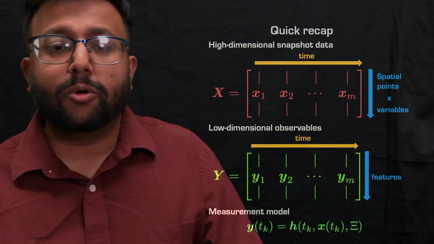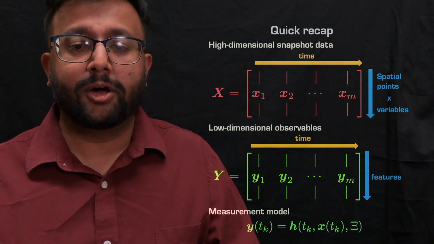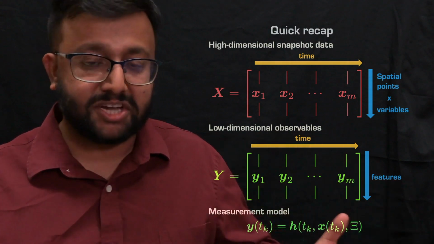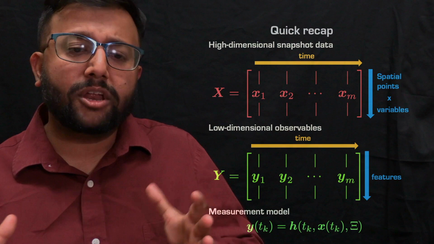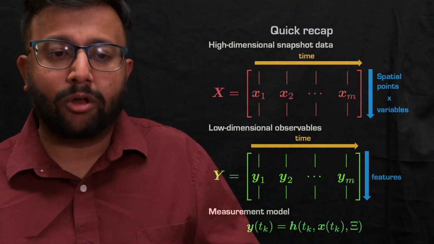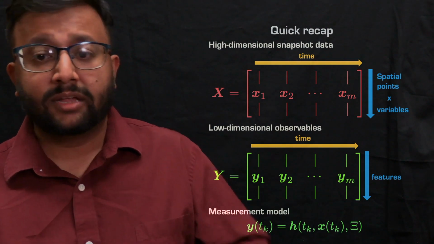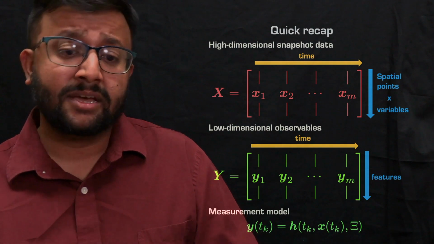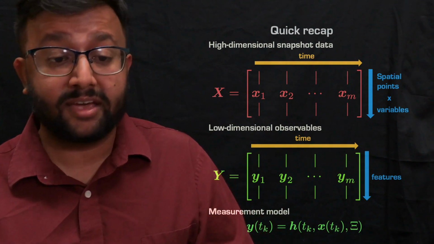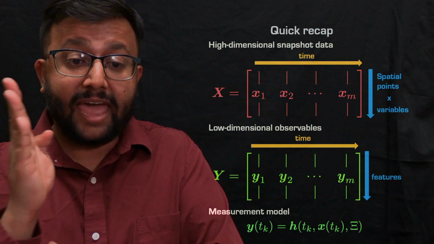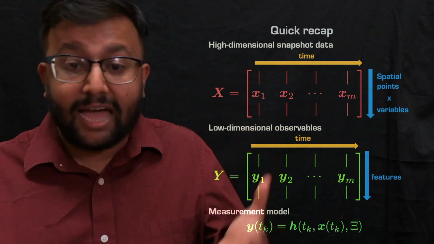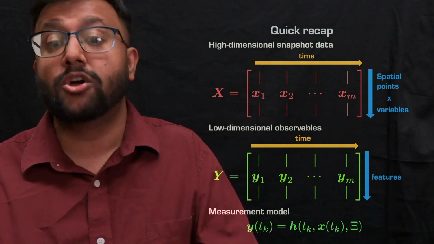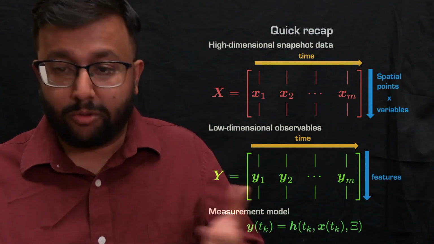All right, before we go into other reduced order modeling strategies, we discussed one, which is the Galerkin projection model. I want to give you a quick recap on, again, data organization. The high dimensional data is X, and the low dimensional data is Y. The columns of X and Y are just different temporal realizations of the flow or your measurements.